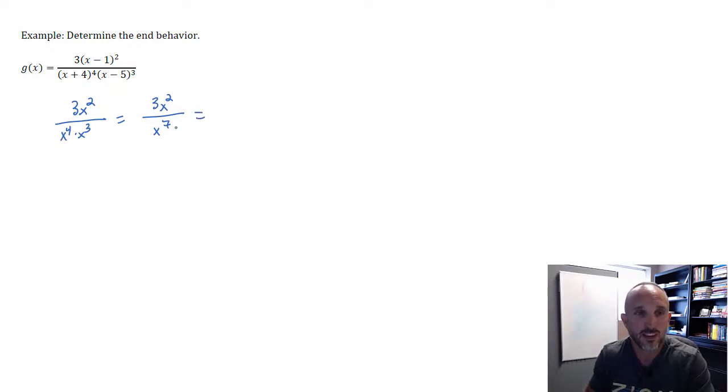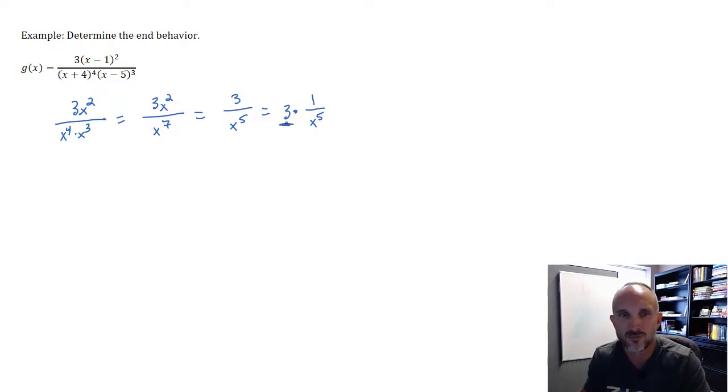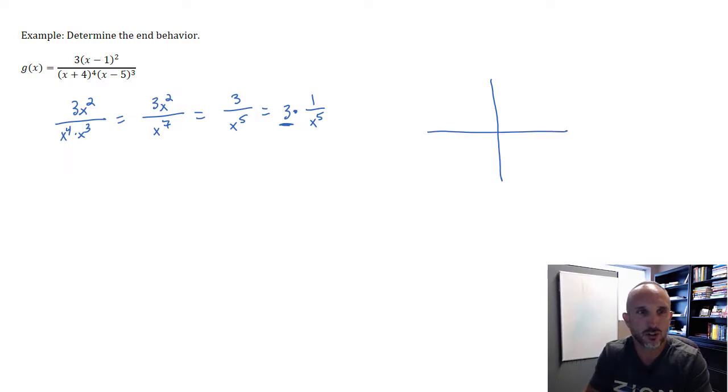And when we simplify that, the 2 x's on top will cancel with 2 of the x's on bottom, leaving 3 on top over x to the 5th. Okay? So that's the same thing as the constant of 3 times 1 over x to the 5th. I just like to separate off my coefficient here, which is a 3, so that I can see if it's positive or negative, and I can see that the focus of my end behavior is going to be the 1 over x to an odd power. 1 over x to an odd power gets closer and closer to 0.